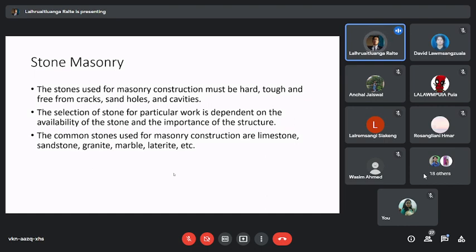We have synthesized material, right? We have the likes of reinforced cement concrete, or we can even further go for steel construction as well. So in such cases, for structural purposes, we will not go for stone masonry.